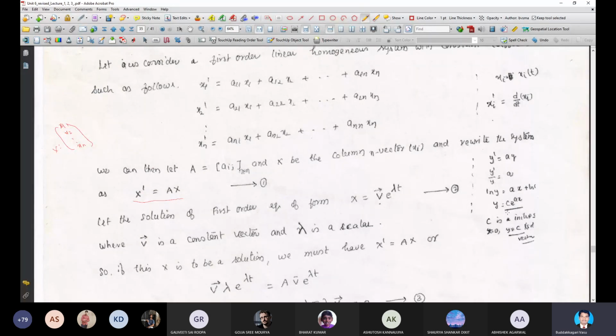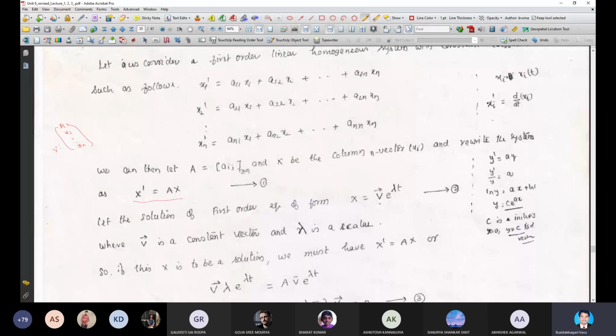So therefore, c is the solution of the problem when x is equal to 0.